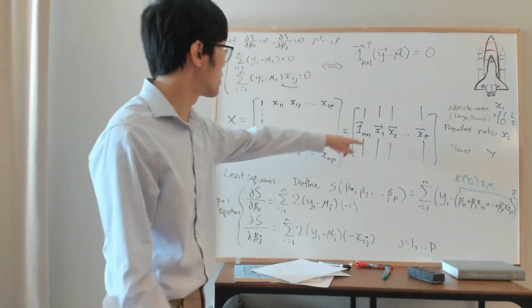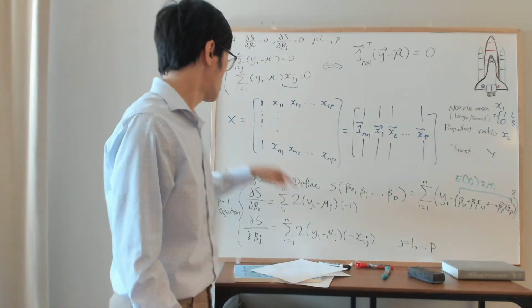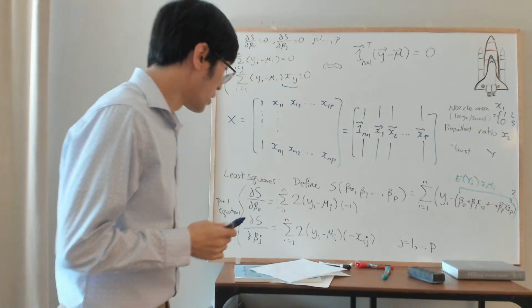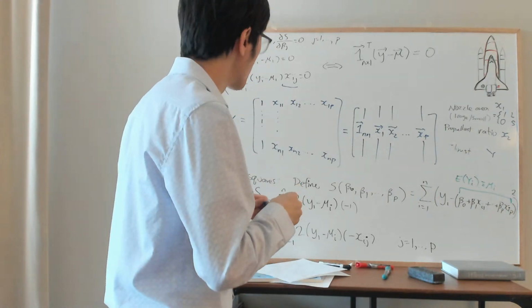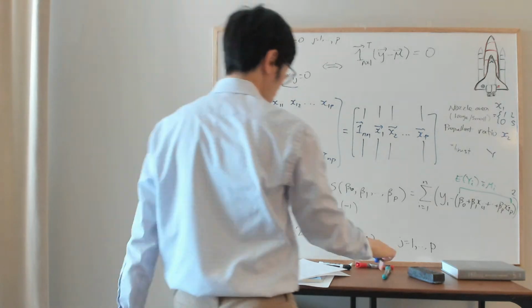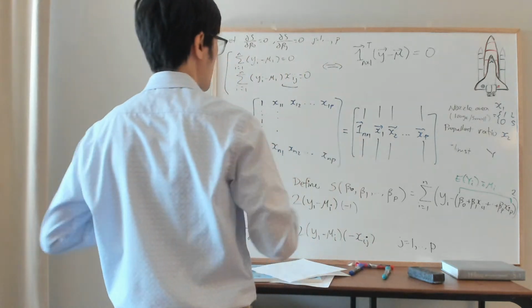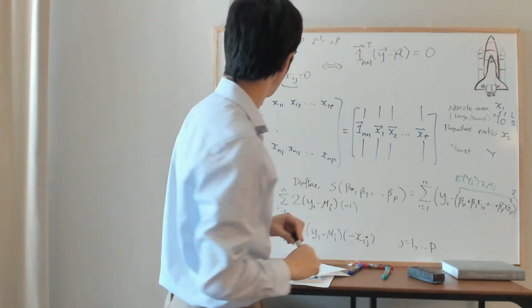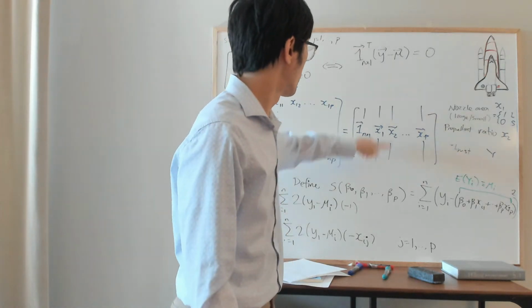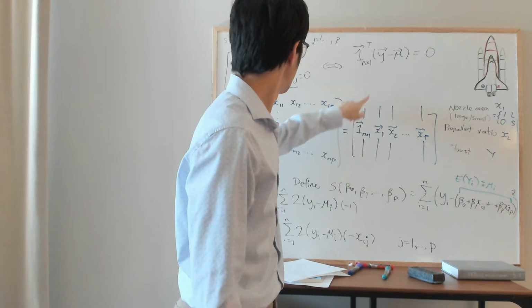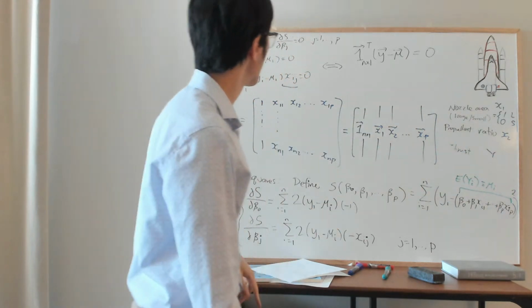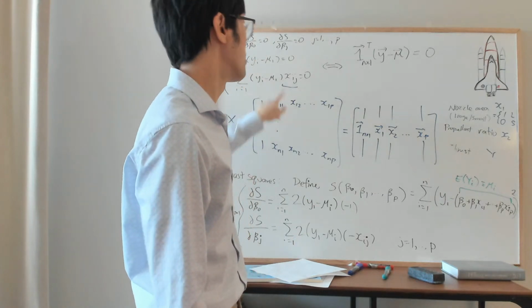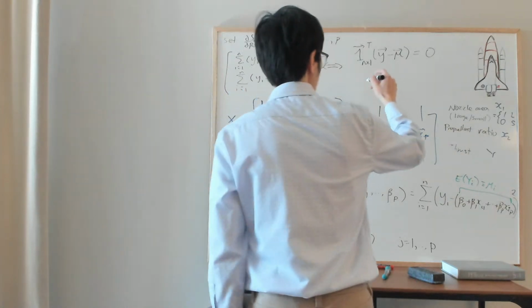Okay, so each of these x vectors stands for the corresponding column in this matrix. With that notation, this can be expressed as a vector dot product between the jth column, x_j as a vector, and y minus mu.